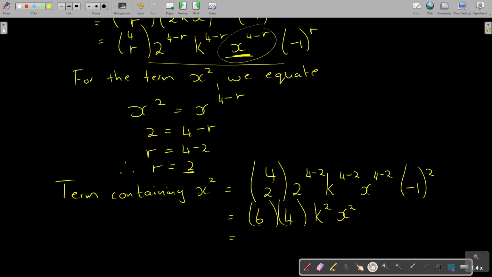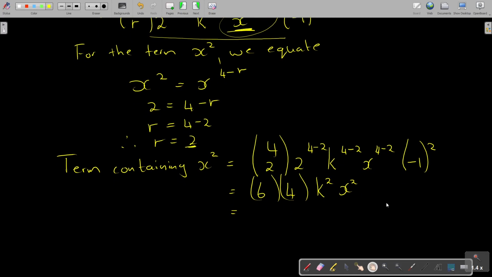So that will give me 24k²x². Okay, so therefore the coefficient, 24k², is equal to b.